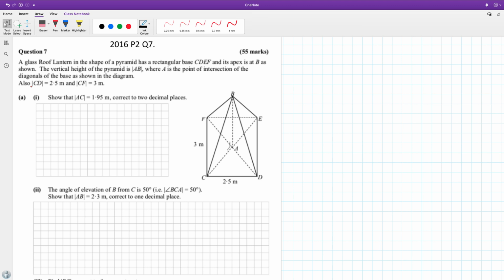The reason we're doing this one and not the one in 2017 is that it was a horrific question.